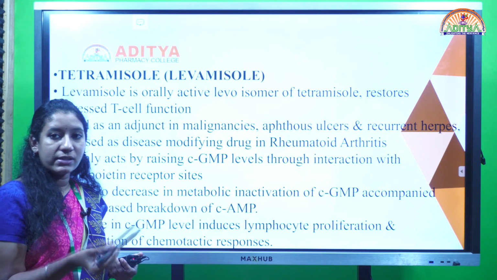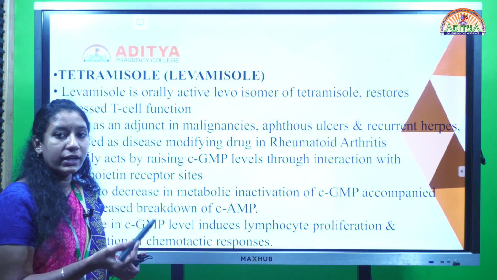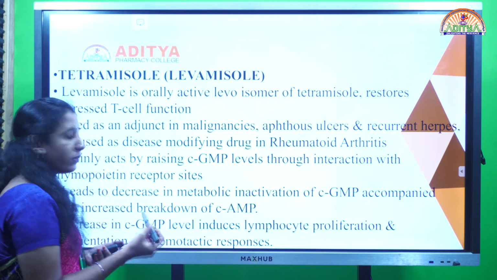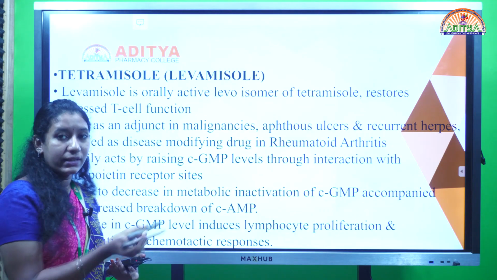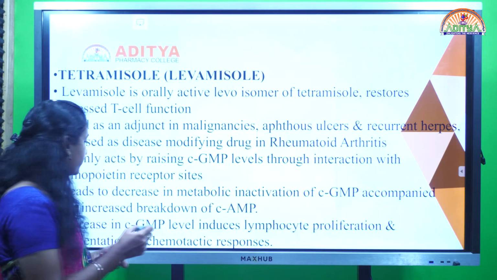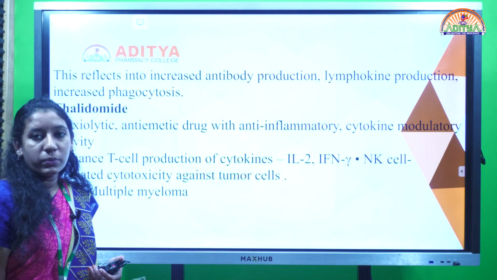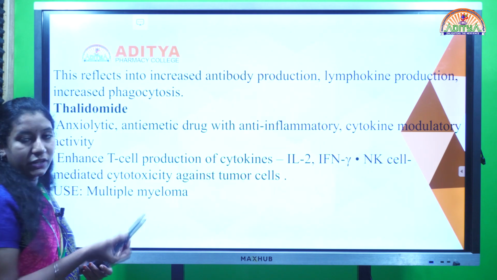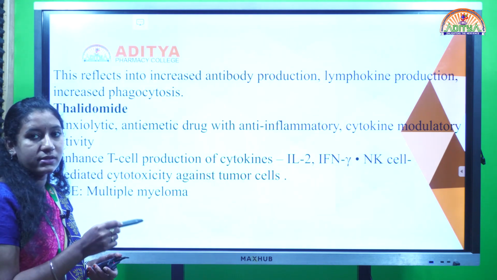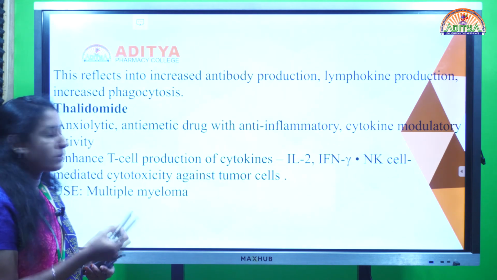If cyclic GMP levels are increased, it can proliferate the lymphocytes, and if lymphocytes are proliferated, they can produce immune responses. Like that, they will stimulate the immune system, which can lead to production of antibodies as well as lymphokines and increased phagocytosis. All this stimulates the immune responses.